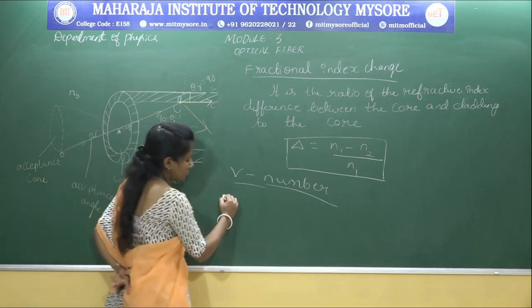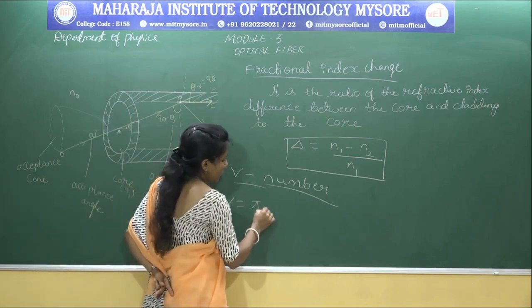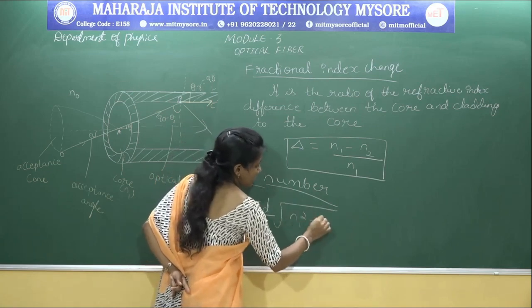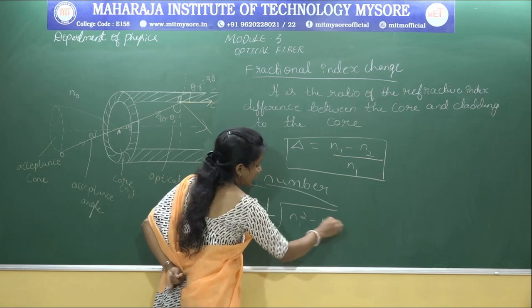So, it is defined by V is equal to pi d divided by lambda times root of the difference of the squares of the refractive indices of core and cladding.